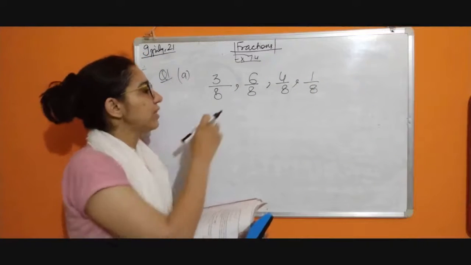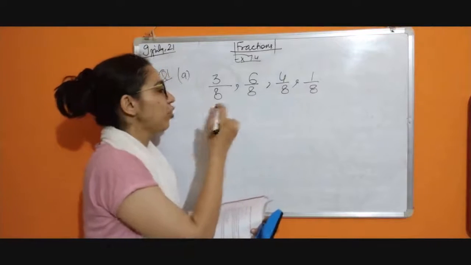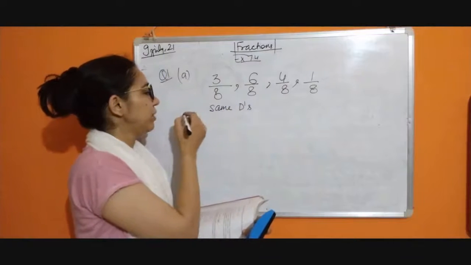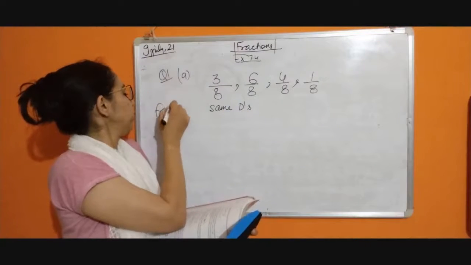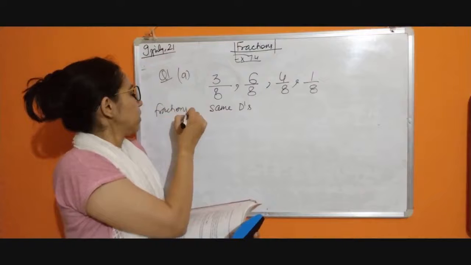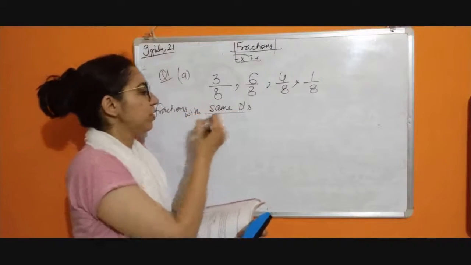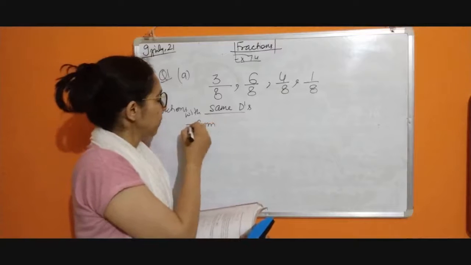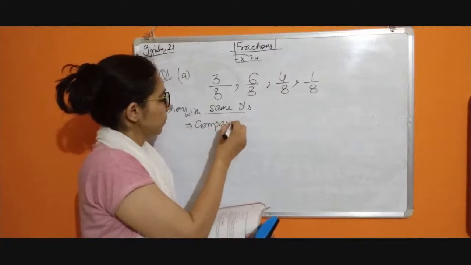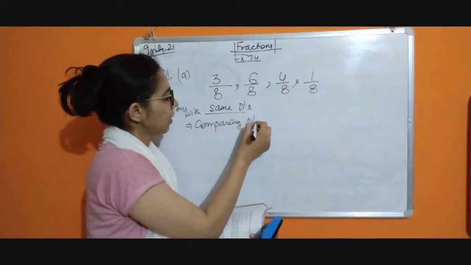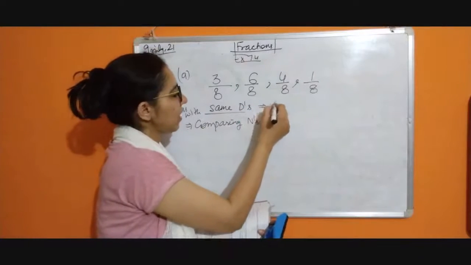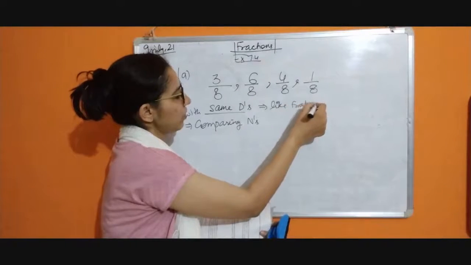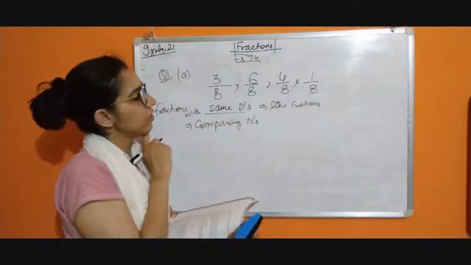Now see that these are having the same denominators. Fractions with same denominators, it means we will compare the numerators. These are like fractions. Same denominator implies like fractions, and like fractions are the easiest to deal with.